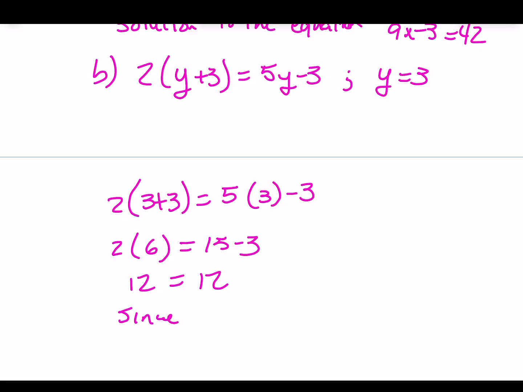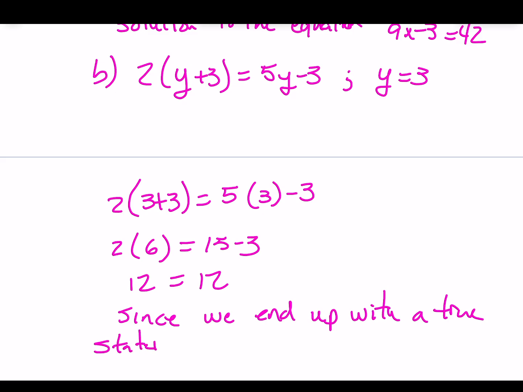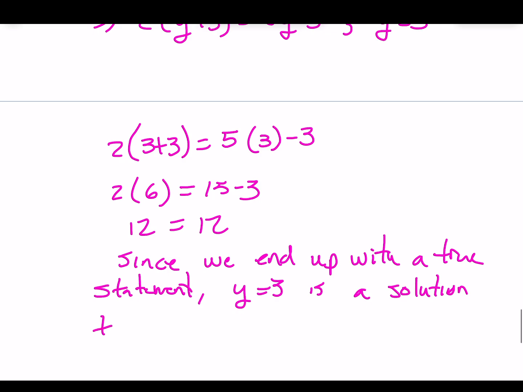So since we end up with a true statement, y equals 3 is a solution to the equation 2 times the quantity y plus 3 equals 5y minus 3.